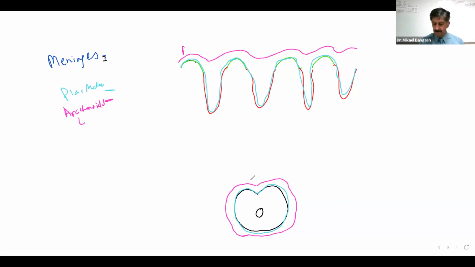Like this. And last but not the least was going to be the outermost layer that we call the dura mater.